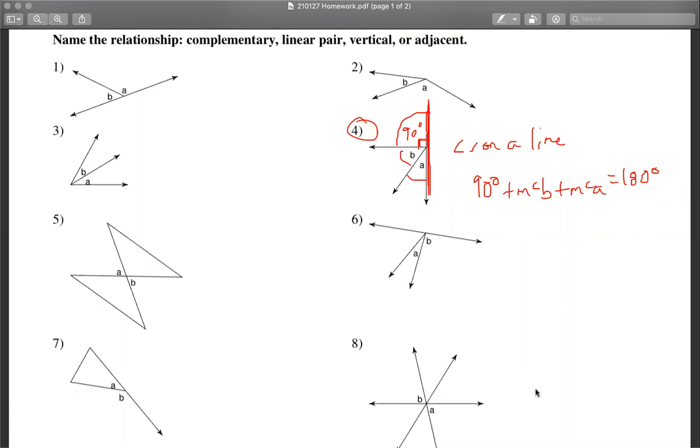Same kind of thing. Now 6, I will tell you, I'm a little bit flexible on this part of the assignment because we're not going to be doing stuff exactly like this moving forward. If you see this, I'll just call this angle C. If you want to do this as angles on a line again, these 3 add up to 180 because that is a straight line right there, then we'd have the measure of angle A plus the measure of angle B plus the measure of angle C all add up to 180 degrees.